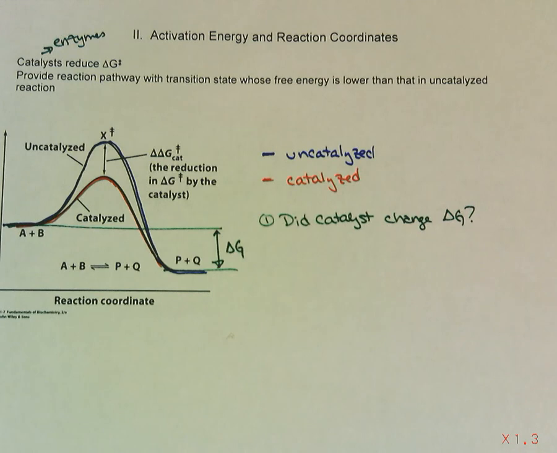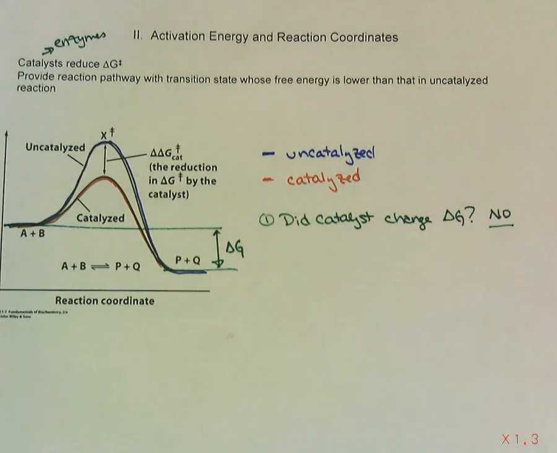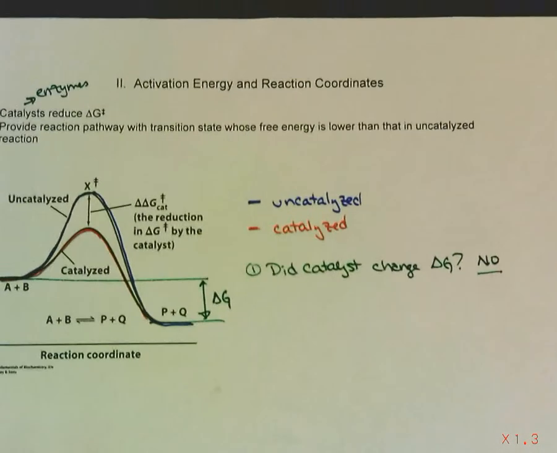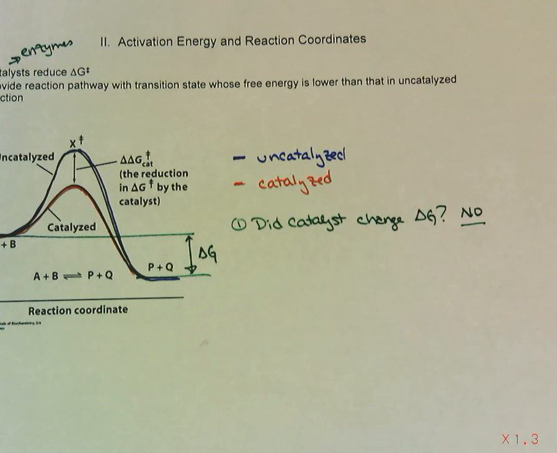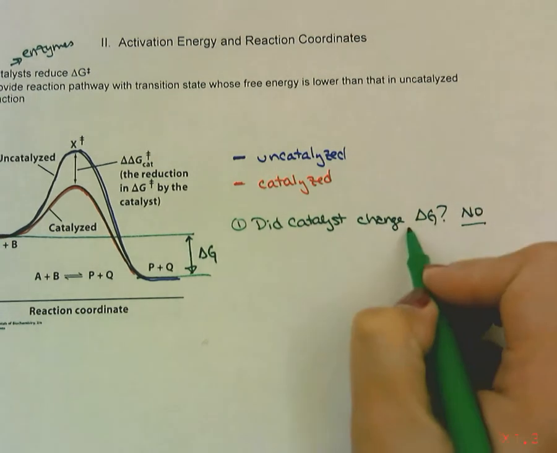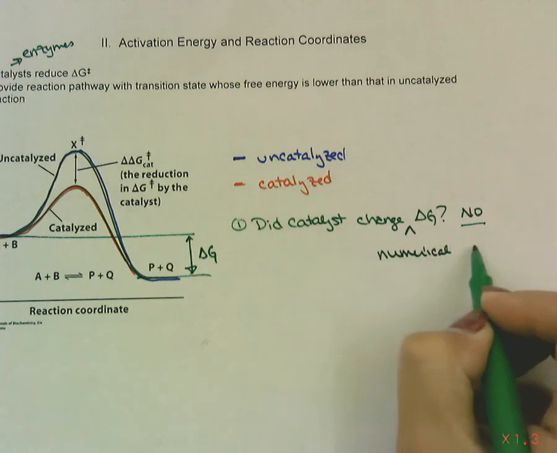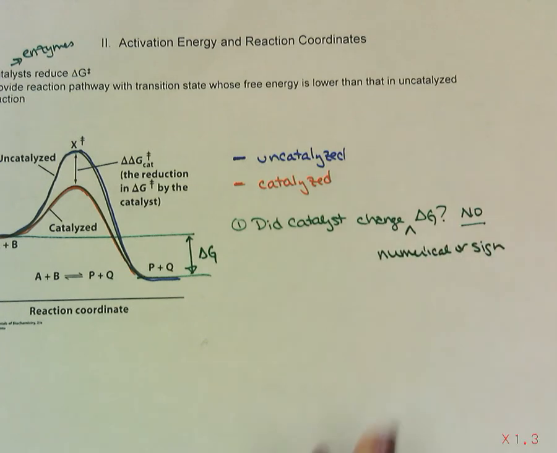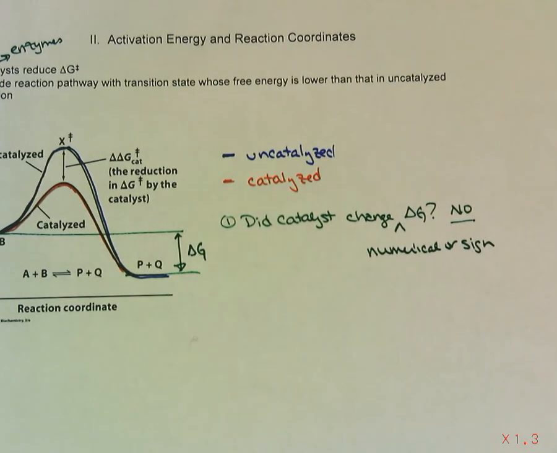No. It's the exact same number. Did it change the sign of delta G? No. So it didn't change the numerical amount, it didn't change the sign of delta G. Delta G stayed the same.